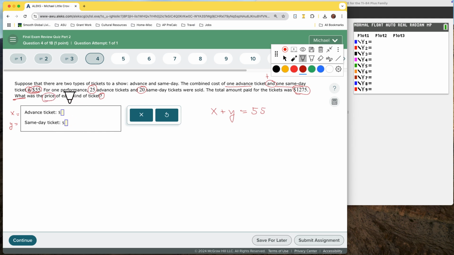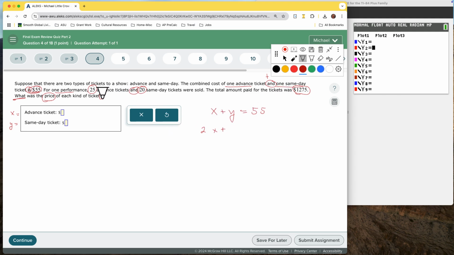Then we're also told for one performance, 25 advance tickets and 20 same day tickets were sold. So how many advance? 25 X's, and plus, see, did I get that? You've got to be careful.